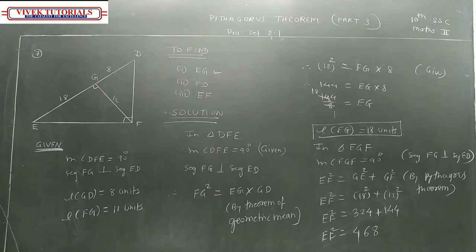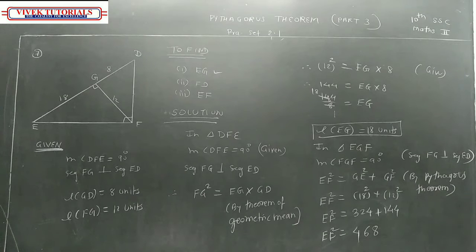EF is equal to root of 468. We try to find out the factors of 468. 2 2s are 4, 2 3s are 6, and 4s again 2, 2 1s are 7s are.